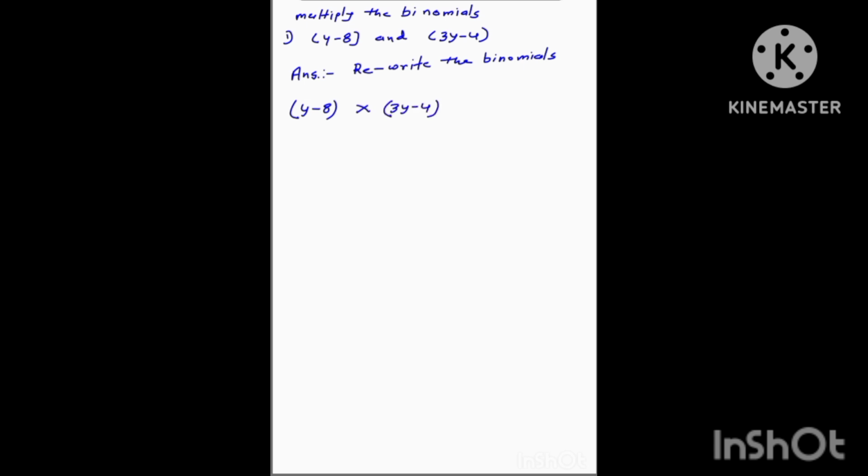Now in the first bracket, the first term, that is y, should be multiplied to the whole bracket, and the second term, minus 8, should be multiplied to the whole bracket 3y minus 4. So we carry out the multiplication like that: y into 3y minus 4 minus 8 into 3y minus 4.